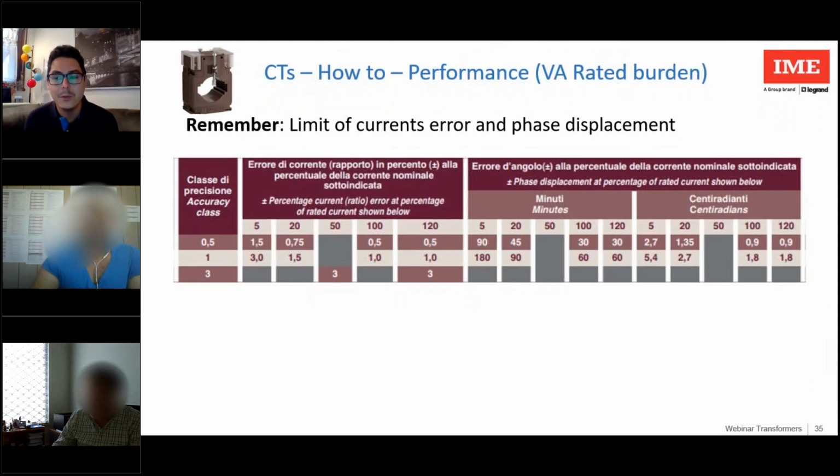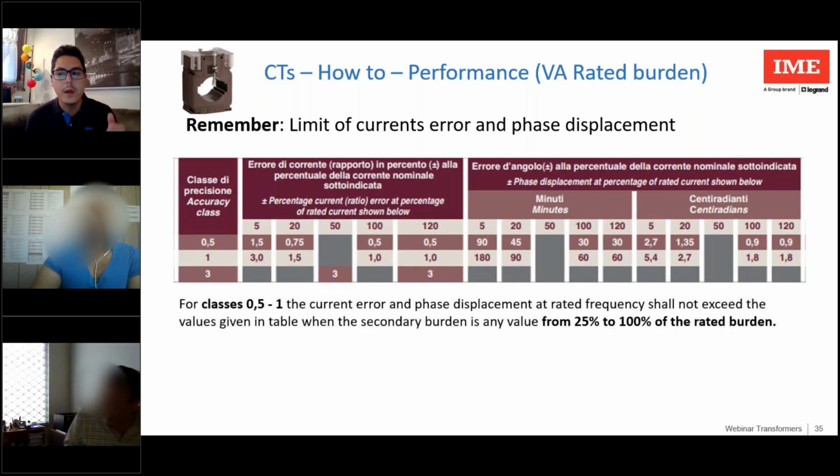Remember the table previously seen and the error in the class. By law, these values are valid by the standard of the IEC. These values are valid if we use a performance ranging from 25 to 100% for class 0.5 and 1.